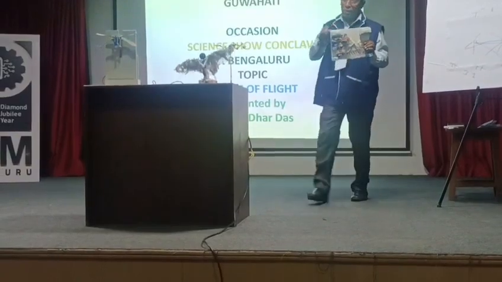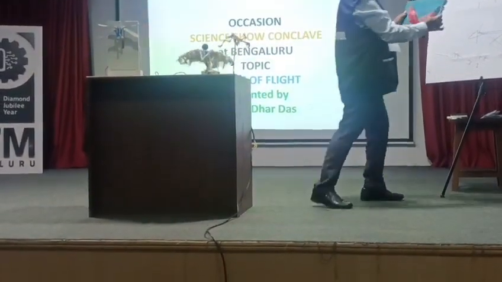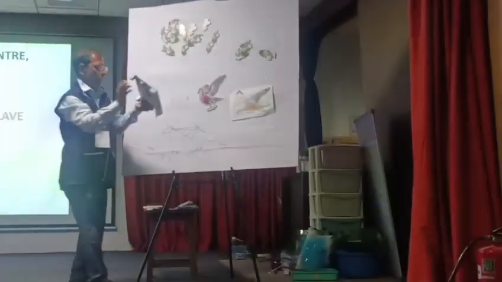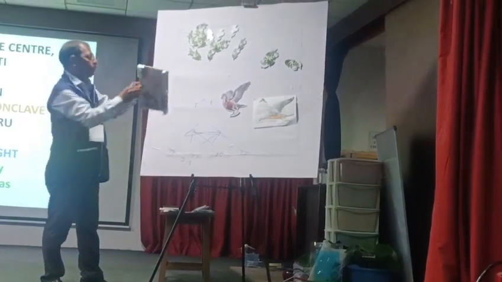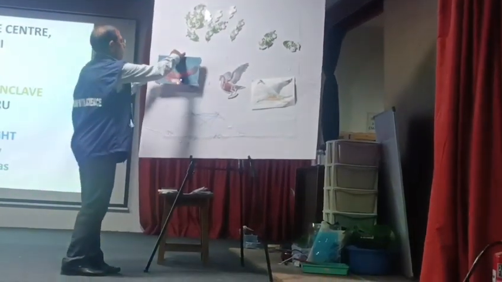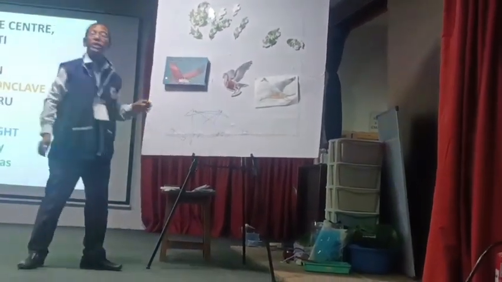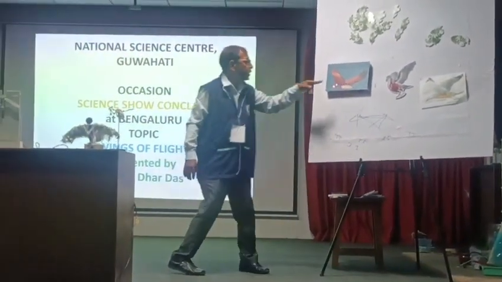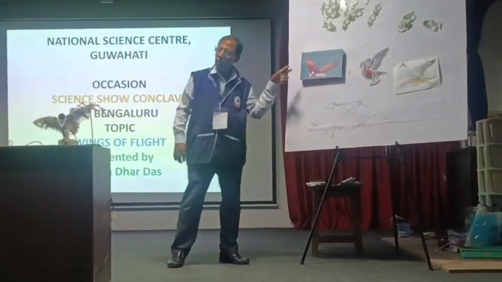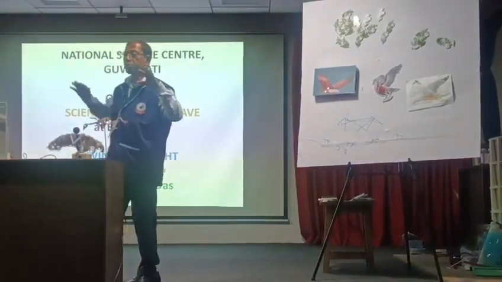As I already mentioned, I do not come from a physics background, so anyhow let me try with this. Many of you already know about this. Ultimately, what is the principle? A low pressure zone is created on the upper part of the bird when they are flying.